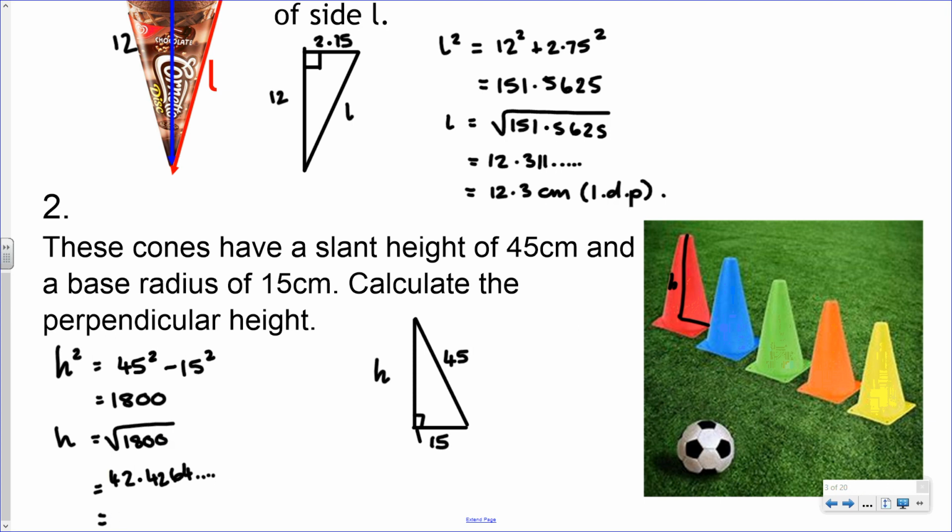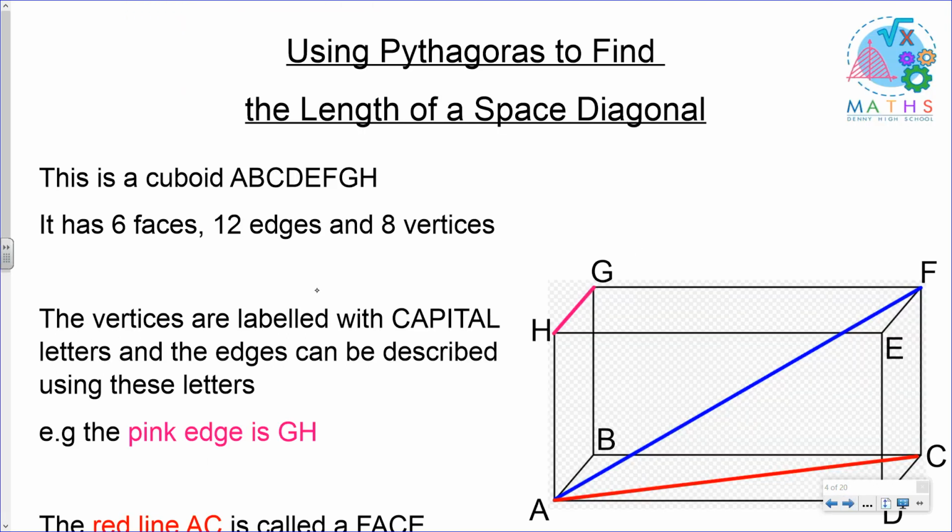So let's round that to, again, one decimal place, 42.4 centimetres to one decimal place. So that's how we can use Pythagoras theorem to help work out either the sloping length or the perpendicular height in a cone. Let's move on and look at a cuboid.